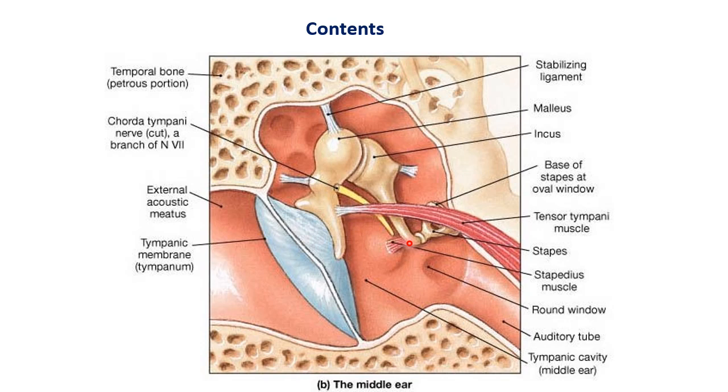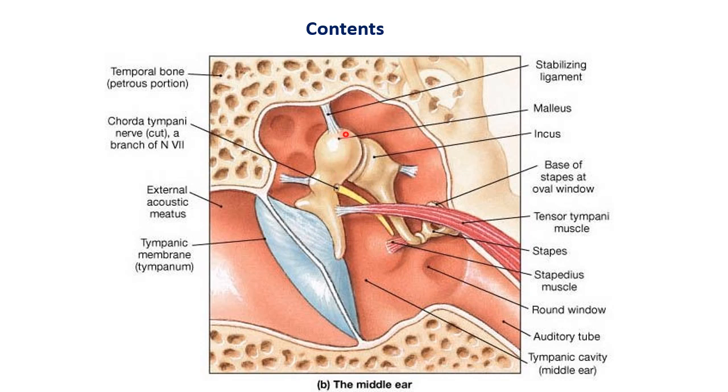Now, these ossicles increase the force of vibration of the sound wave which is coming in, but decrease its amplitude. Any pathology of these ossicles or these joints would result in decreased force, decreased mobility of these bones, and decreased transmission as a result, resulting in conditions called conductive deafness.